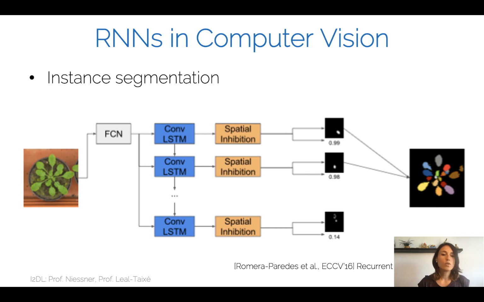Now we can also use this, for example, for instance segmentation. So instance segmentation is the problem of identifying different instances of the same type of object. So for example, we want to not only perform person classification, so taking an input image and performing semantic segmentation and assigning to each pixel a semantic label of person, car, and road.